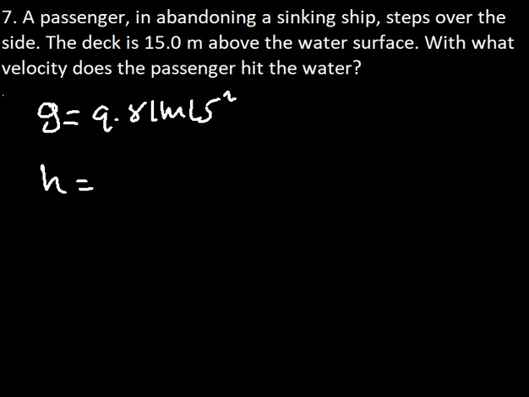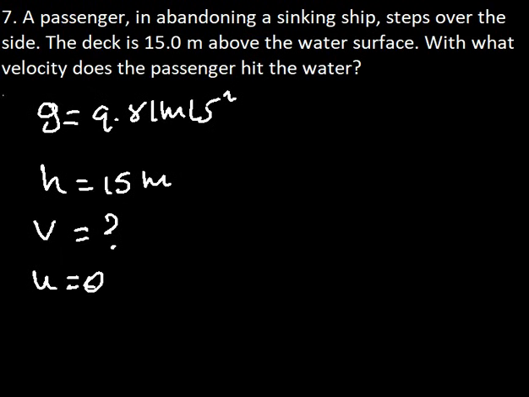And we have the height, which is 15 meters. Should be 15 meters, as you can see. We are looking for the final velocity v. Since the passenger is just falling down with no effort, the initial velocity is 0.